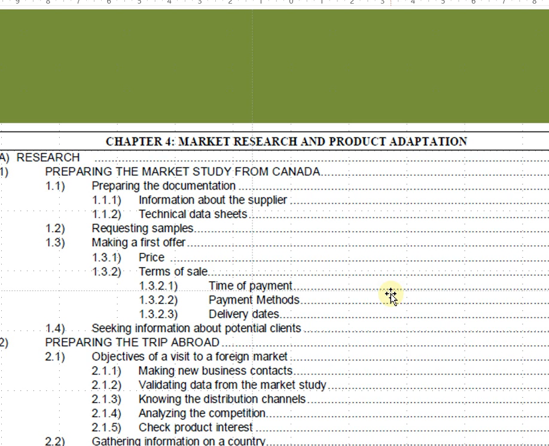As per this, we have to study chapter 4, market research and product adaptation. Market research is a very scientific method, sometimes using statistical methods. So we will see the insight of data. What is the meaning of the insight of data?